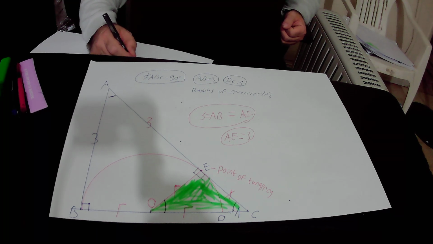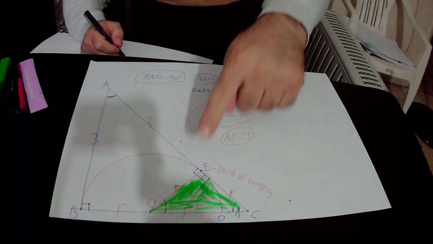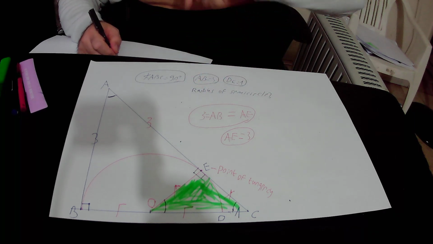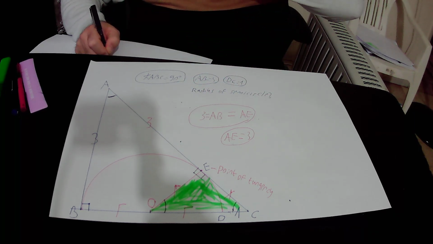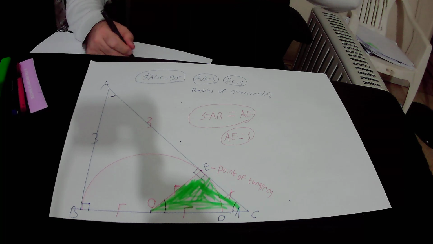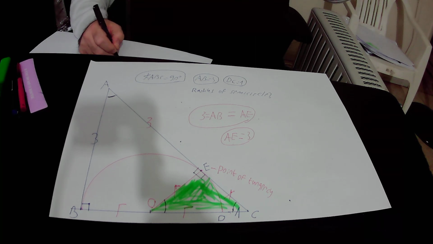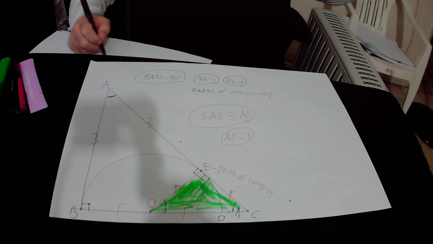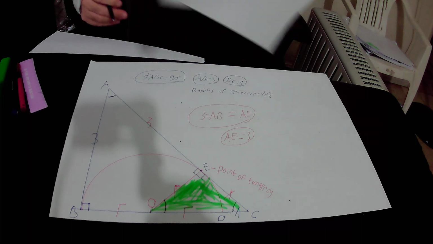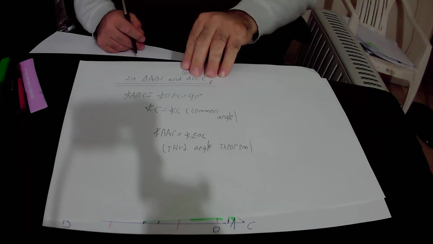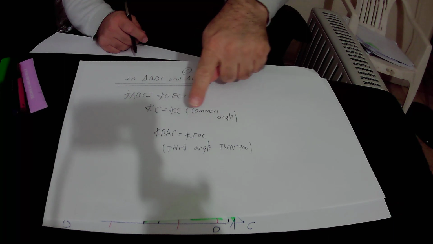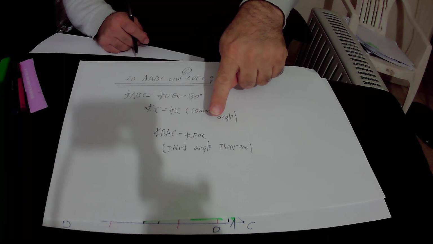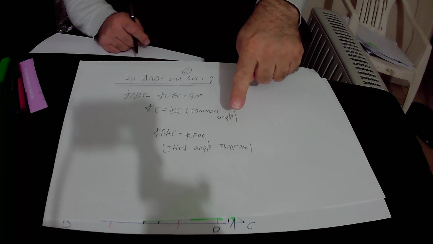Angle BAC of triangle ABC equals angle EOC of the green triangle, according to the third angle theorem. I'll repeat again. Angle BAC of triangle ABC equals angle EOC of triangle EOC according to the third angle theorem.